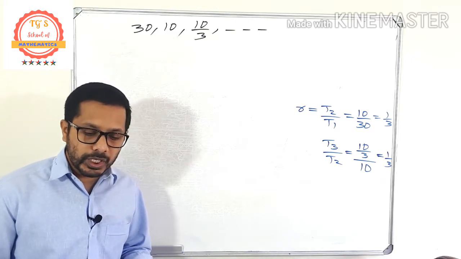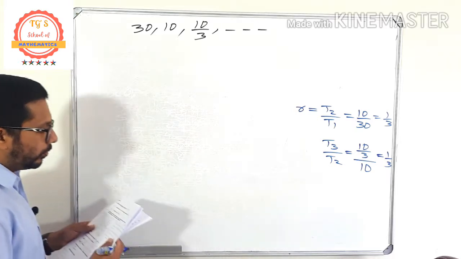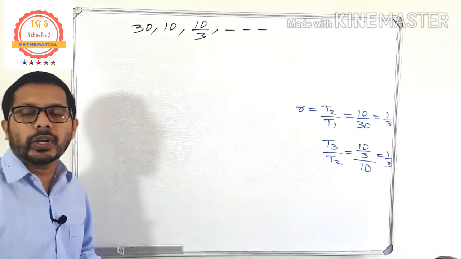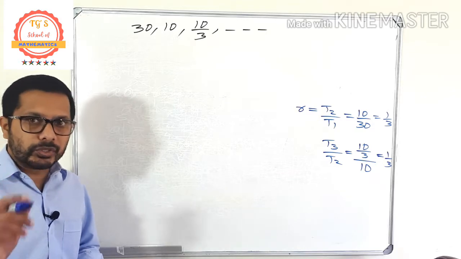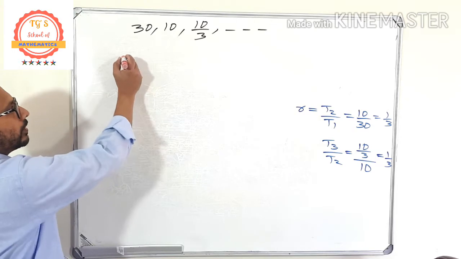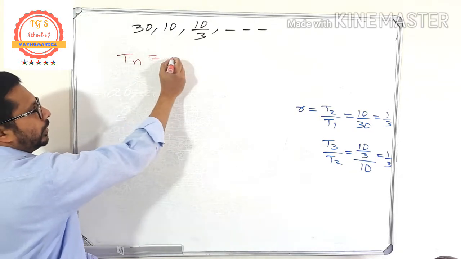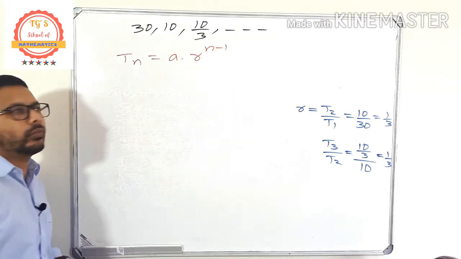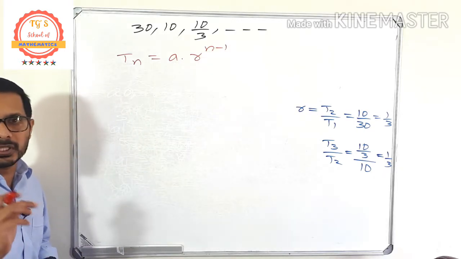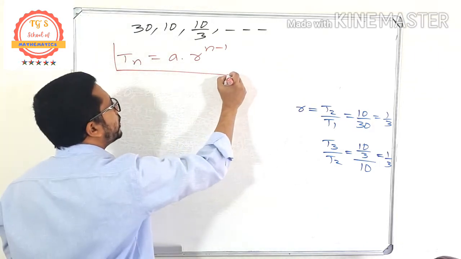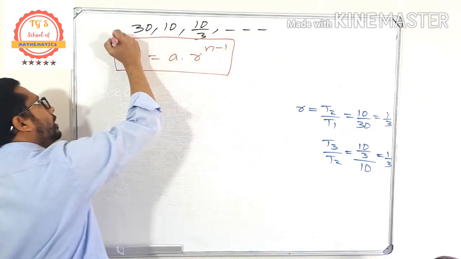In a geometric sequence, what is the formula to find the nth term? Tn is equal to a into r raised to n minus 1. This is the formula. Do you remember this formula? This is the formula to find the nth term of a geometric sequence.